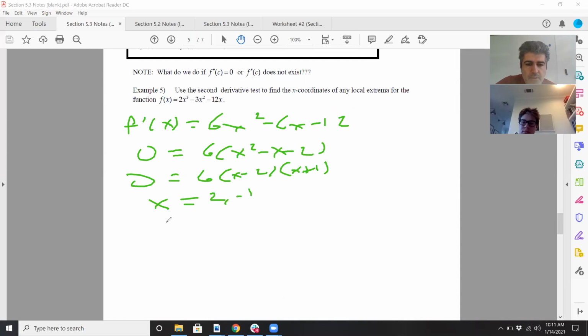Now, these are your critical points. So we know that f prime of 2 equals 0, sorry, I meant to say 2, not negative 2, my apologies. And f prime of negative 1 also equals 0.